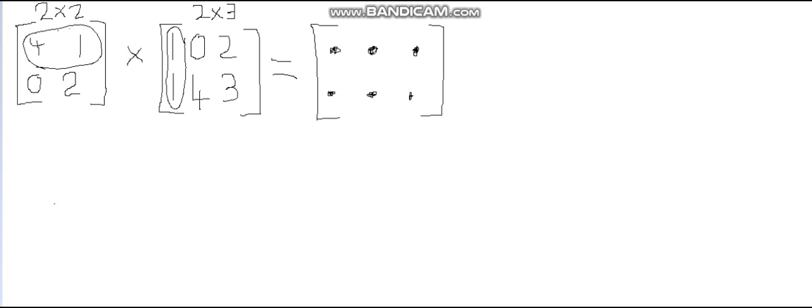So, firstly, let's erase this part and go ahead and start multiplying. So first we would say 4 times 1, which is 4, plus 1 times 1.